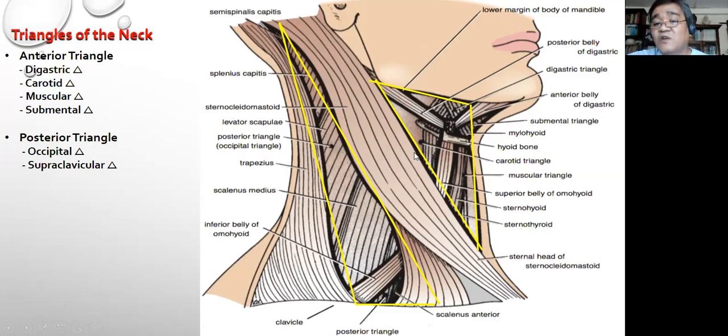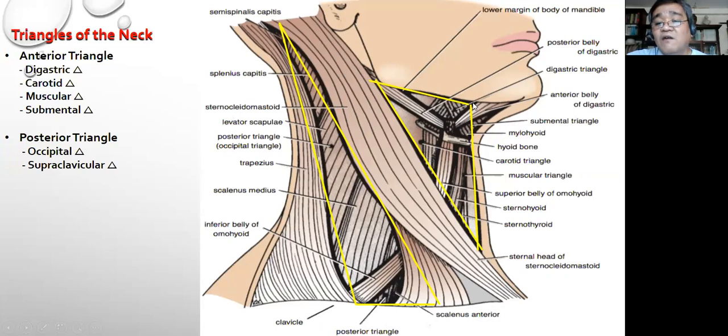This consists of segments of the alimentary tract, segments of the respiratory tract, and also blood vessels that bring blood to and fro between the head and the trunk. So that's why the neck is very important and it is a very dense region.